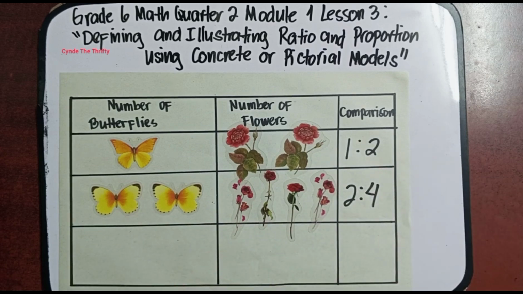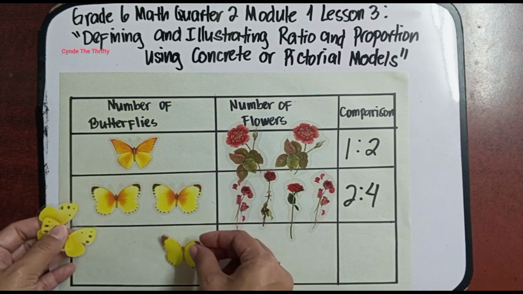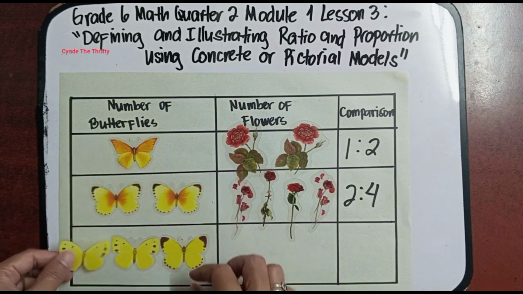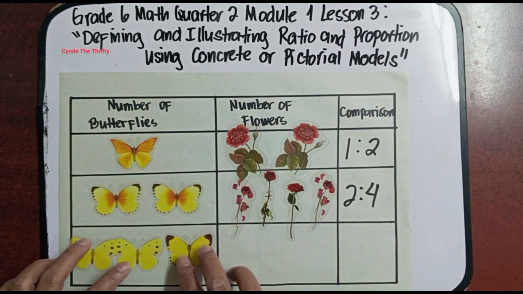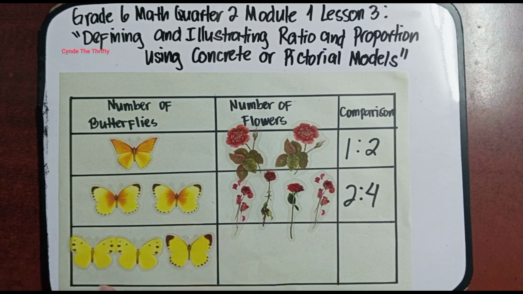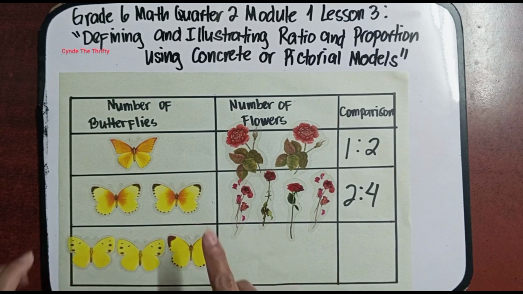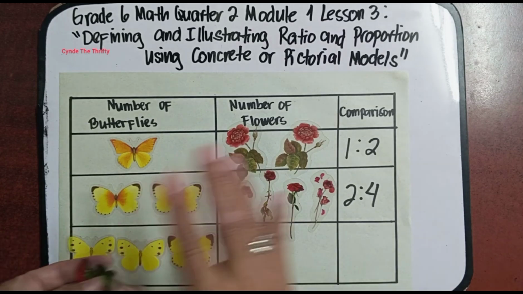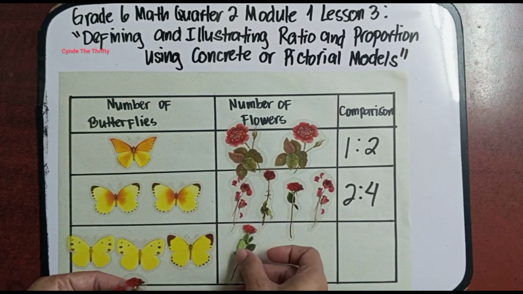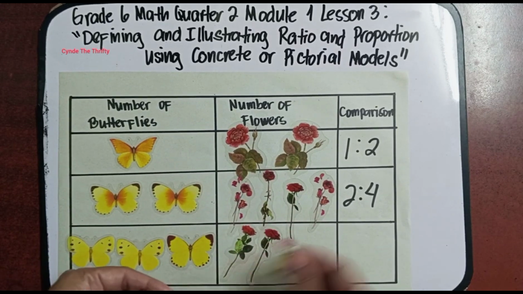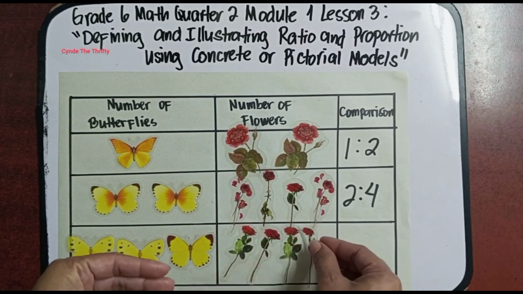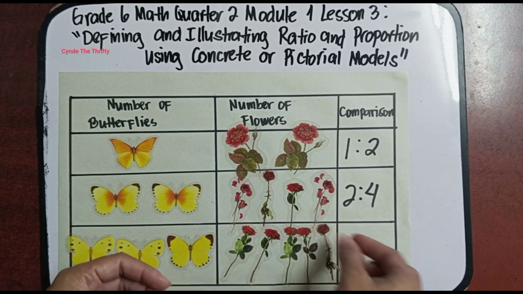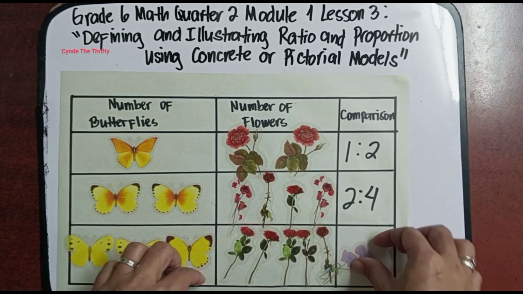Ayan. Okay, so how about naman kung meron akong tatlong butterfly? Ayan, ang gaganda ng butterflies natin, color yellow. Ano naman ang ating number of flowers kapag meron akong tatlong butterflies? Kapag meron akong tatlong butterflies, ibig sabihin meron akong ilang flowers? 6 na flowers. So, 1, 2, 3, 4, 5, 6. Ayan, hindi na magkasya.